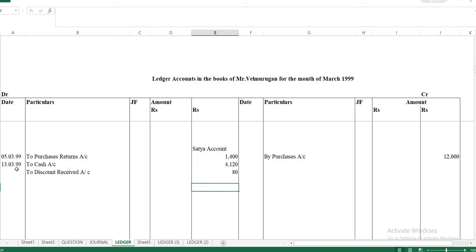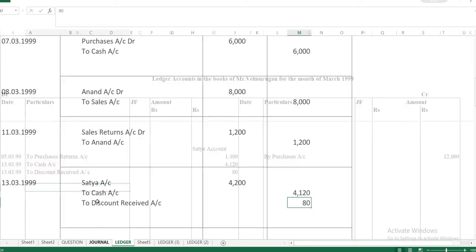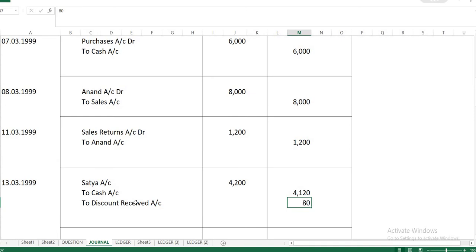And the same date, 13th March 1999. So in the Satya account, while preparing Satya account to cash account to discount received account, the corresponding amounts we have to mention, not this amount. Corresponding amount: cash account 4120, and discount received is 80 rupees. That only you have to mention.